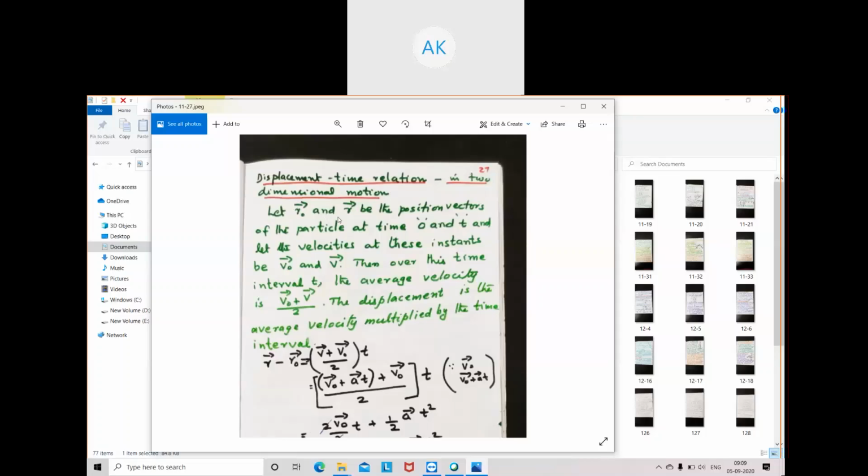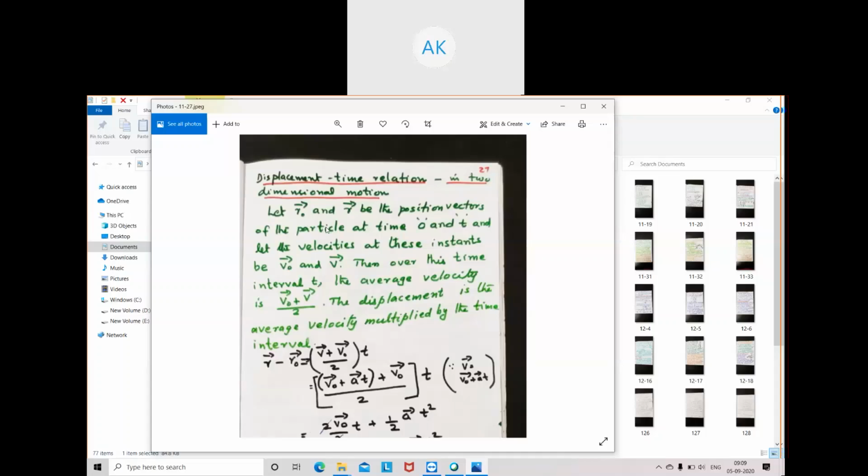And if it is a uniformly accelerated motion, the initial velocity is v0. That we know, initially when it starts, velocity is v0. And finally, as it is accelerated motion, its velocity increases, and at a time t velocity becomes v. Let us take it as v.